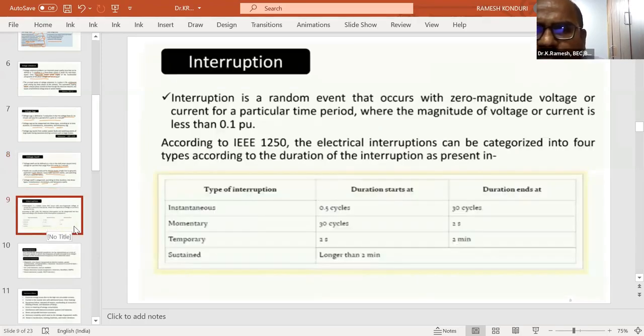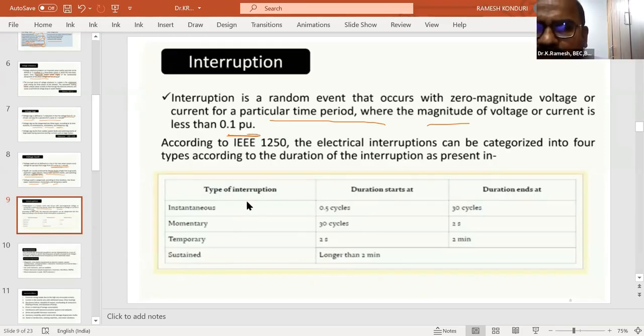So the interruption is a random event with zero magnitude voltage or current, where the magnitude of voltage or current is less than 0.1 per unit.